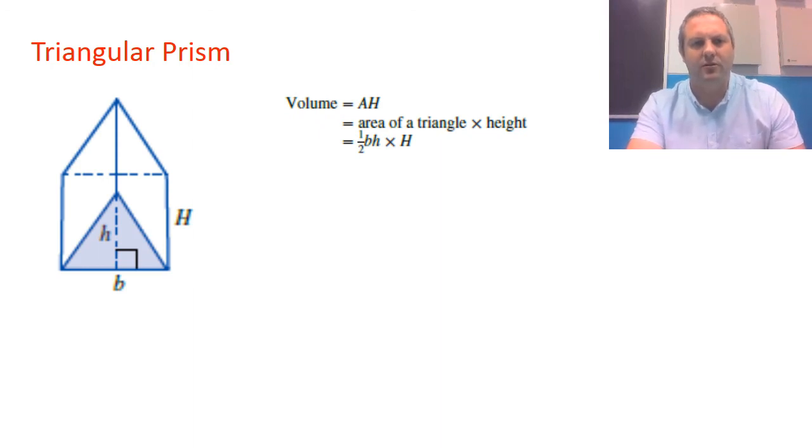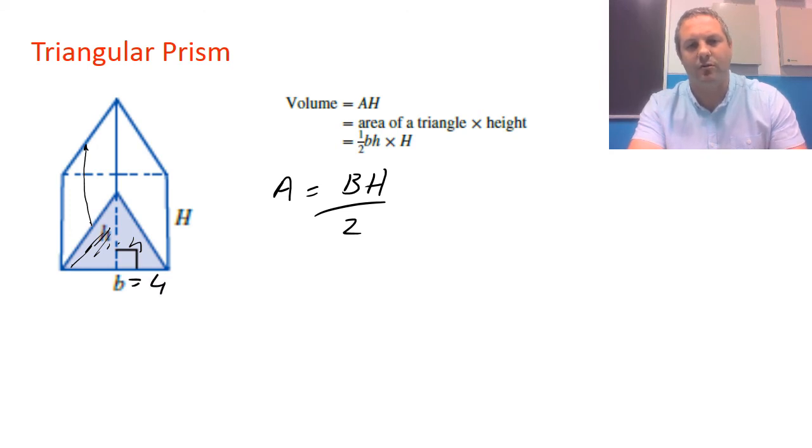Here we've also got a triangular prism. So as normal, we have a triangle. This triangle continues its way through like a tent. First of all we need to find the area. The area for a triangle is base times height divided by 2. So we might make our base 4, we might make our height 6. Sorry, and we might make this height here, we'll say 3.